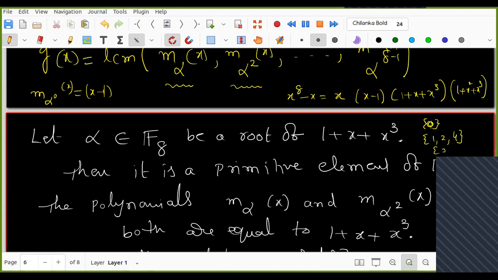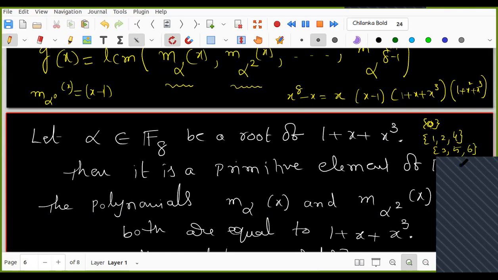Next, corresponding to 3: 3 into 2 is 6, 3 into 2 square, 3 into 4 is 12. 12 modulo 7 is 5, right? I'm working modulo 7. So 3, 5, 6.